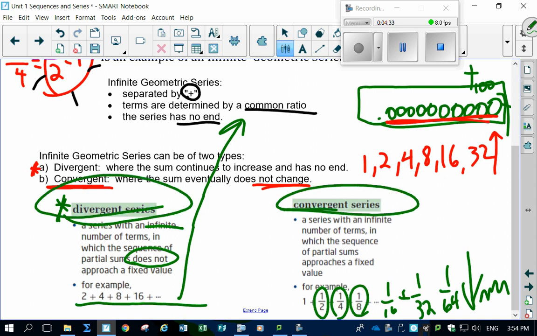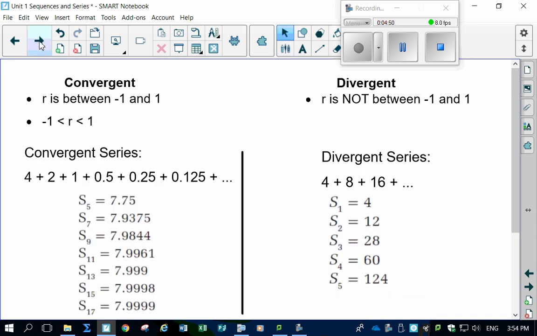Convergent means it comes closer and closer to 0. Now, my question to you is what happens when you say, let's add these all up? Let's find the sum. Let's look at the difference between a convergent and a divergent series.